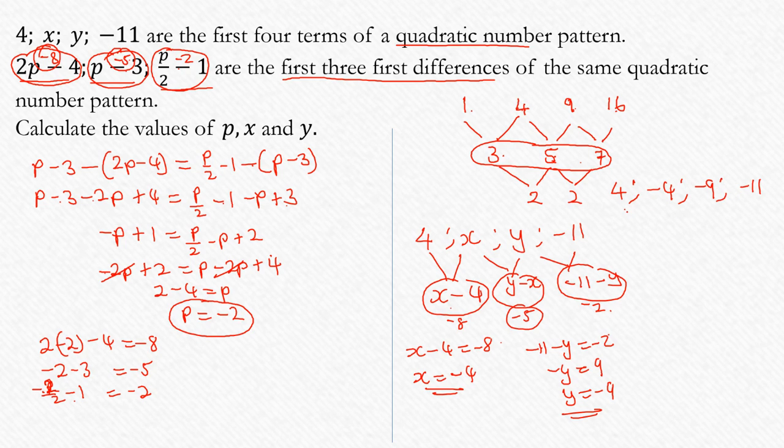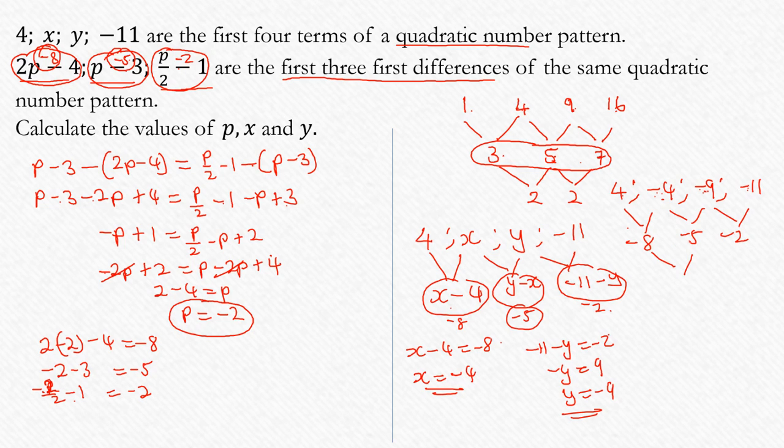Okay, so what is negative 4 minus 4? That's negative 8. You see, it's coming out. And then what is negative 9 minus negative 4? Negative 9 plus 4, that's negative 5. Oh, it's coming out nicely. Then negative 11 minus negative 9, that's negative 11 plus 9, which is negative 2.